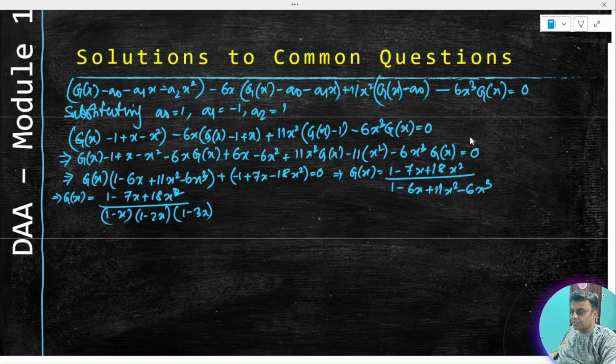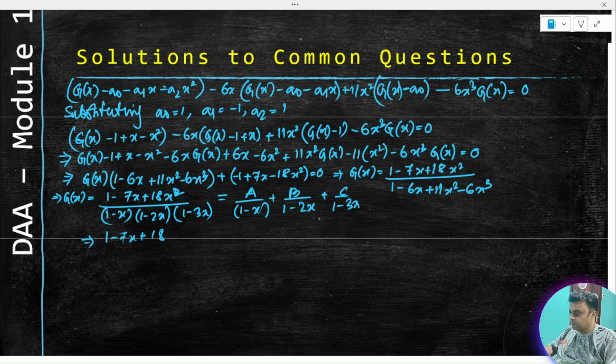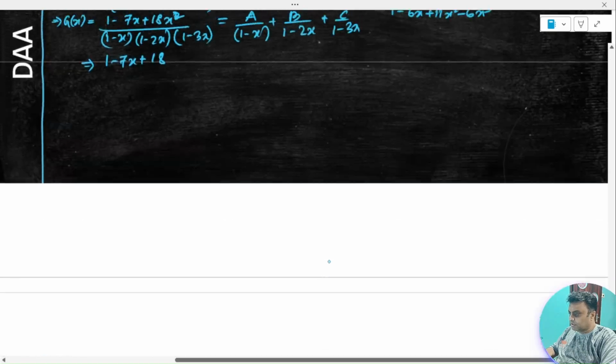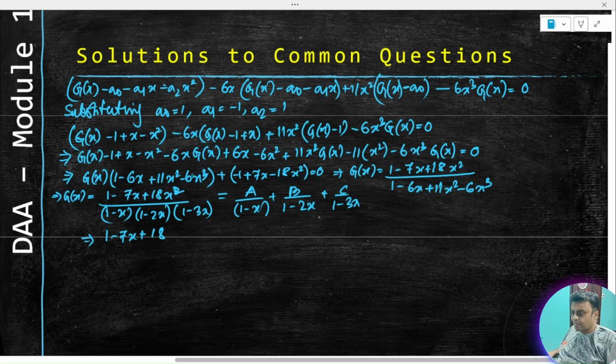So now we can convert this into a partial fraction. We assume a by 1 minus x plus b by 1 minus 2x plus c by 1 minus 3x. If we take the LCM, then we get 1 minus 7x plus 18x square is equal to a into 1 minus 2x 1 minus 3x plus b into 1 minus x 1 minus 3x plus c into 1 minus x 1 minus 2x.